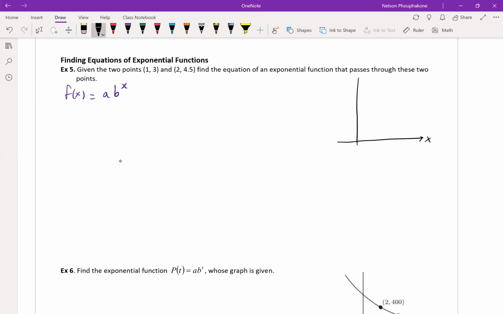Now in this problem, we have 2 points. I have the point (1, 3), and we also have another point (2, 4.5). I know that this is an exponential function that goes through these 2 points.